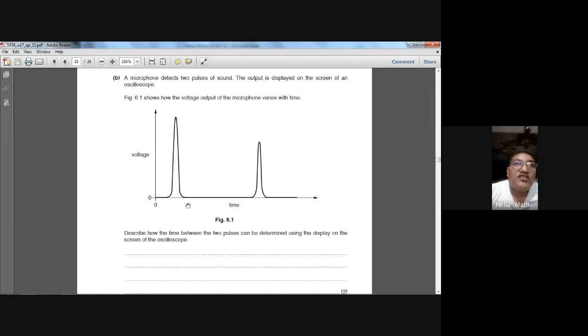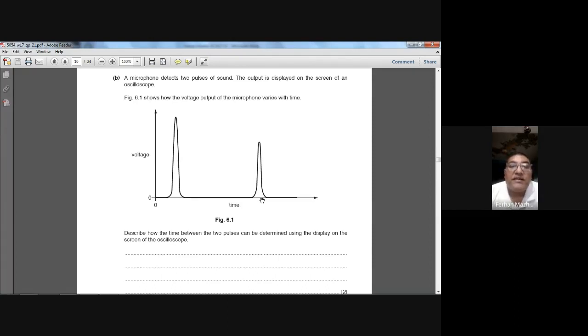If you want to find out the time lapse between these 2 pulses, the method is very simple. Check horizontally how many squares are between this pulse and this pulse. From the screen of the CRO, count horizontally how many squares there are between the first pulse and the second pulse.